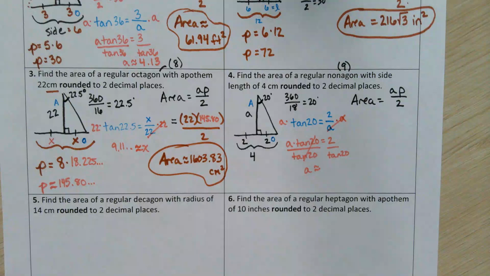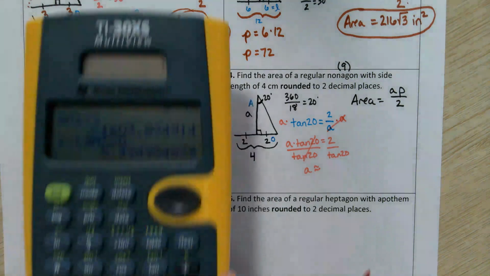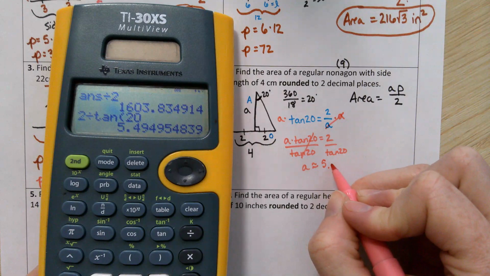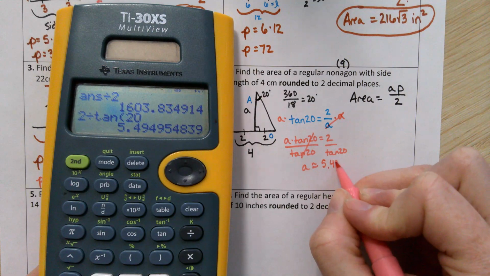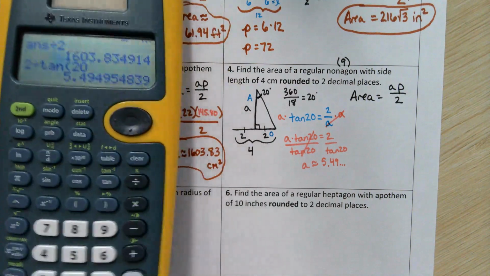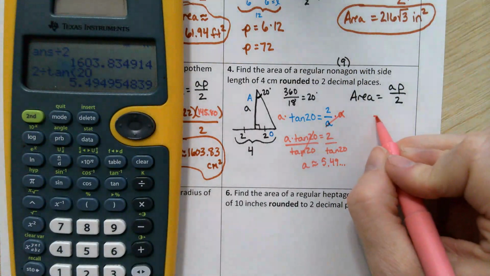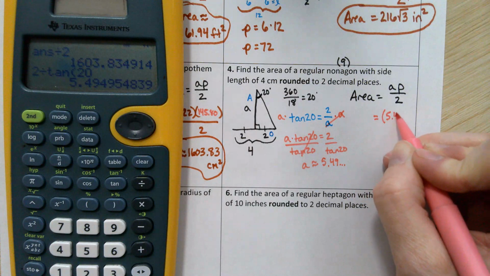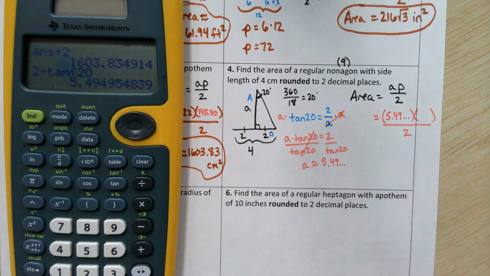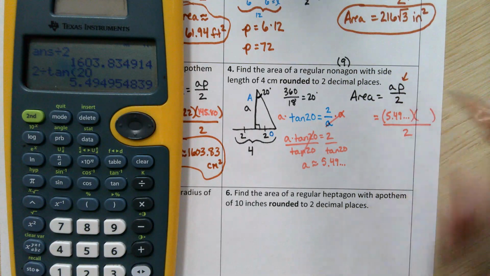That is definitely going to give me a decimal, but I'm just going to let that sit on my calculator. I'm going to write down 5.49 with some dots to remind me that that's on my calculator. And that's going to be my value for the apothem part of this area calculation. So now all that's left for me to track down is the perimeter part.